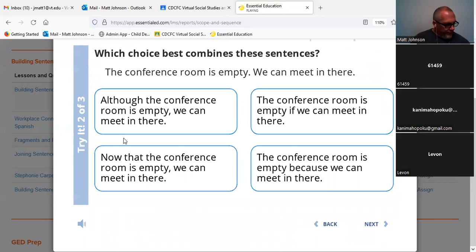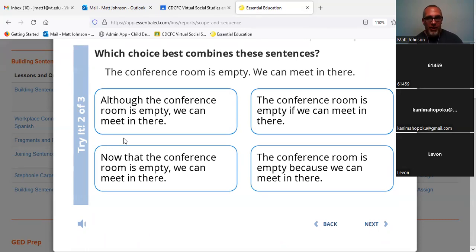Which choice best combines these sentences? The conference room is empty. We can meet in there. So this is all about choosing the right subordinating conjunction. Although the conference room is empty, we can meet in there. So we got contrast.